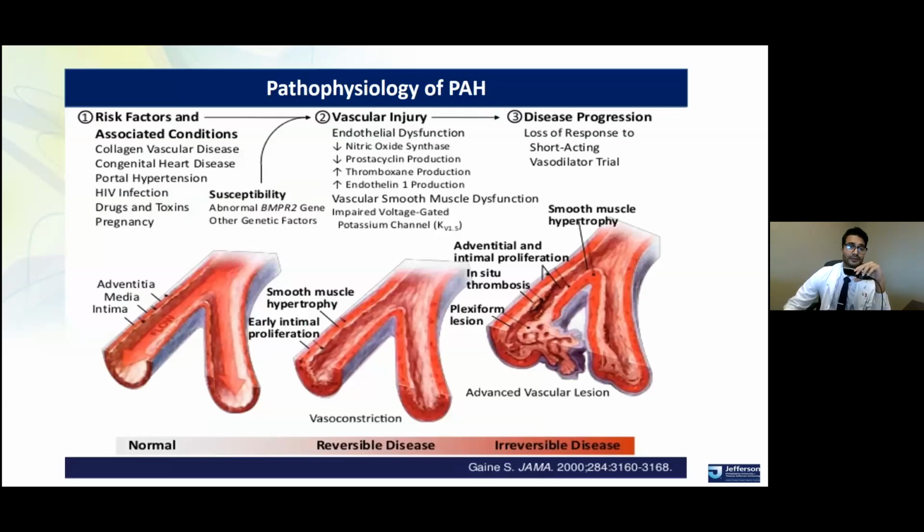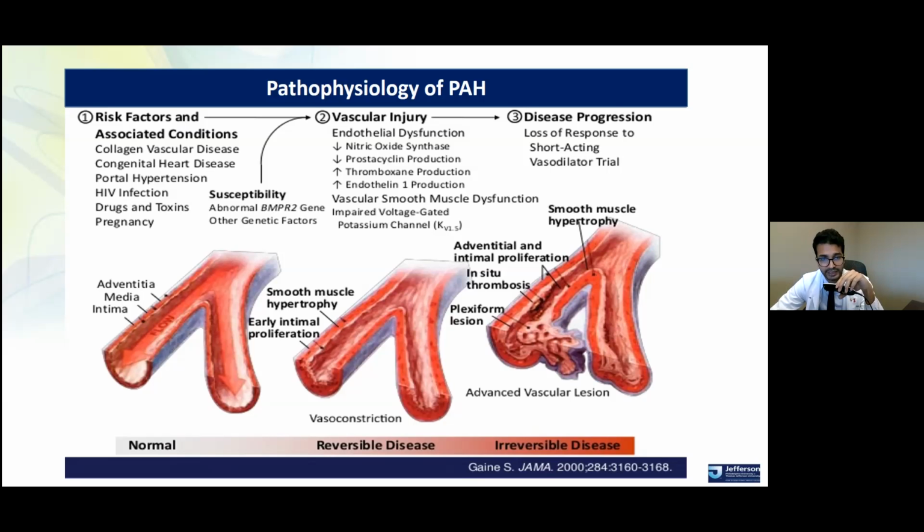Pulmonary arterial hypertension, as the listeners may know, is associated with multiple endothelial issues that begins with endothelial dysfunction, intimal proliferation, eventually progresses to smooth muscle hypertrophy within the pulmonary arterioles, also adventitial proliferation, in situ thrombosis, plexiform lesion with fibrin deposition, in addition to everything else.